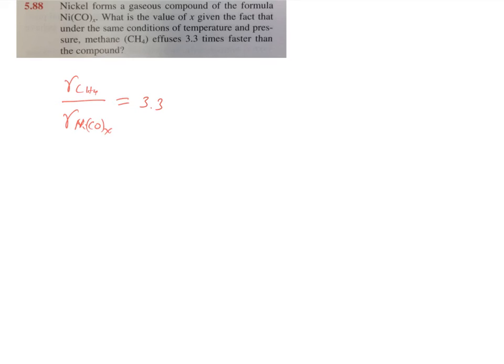And also from the previous slides, we know that the effusion speed of methane over the effusion speed of the nickel carbonyl equals the square root of the molar weight of nickel carbonyl, Ni(CO)x, over the molecular weight of methane.